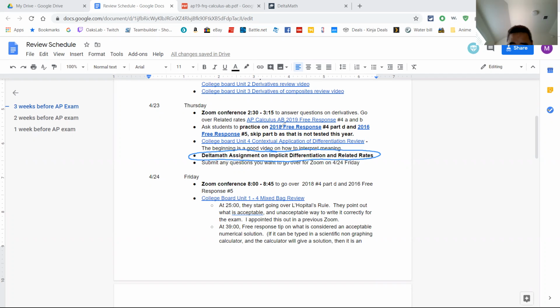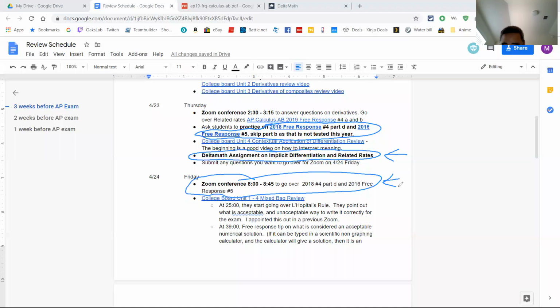You also got this to practice on if you are actually practicing for the AP exam. I gave you the links right on the Google Drive itself. And we'll go over that tomorrow for those of you who are practicing for the AP exam. And if you still got questions while you're doing this assignment, we can talk about it during tomorrow's Zoom conference as well.